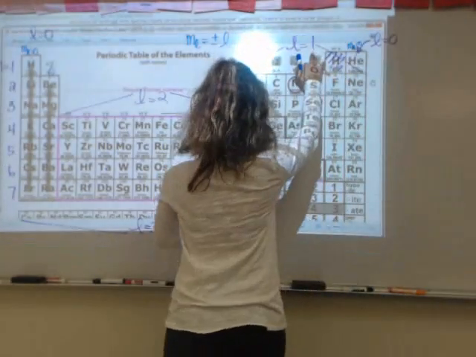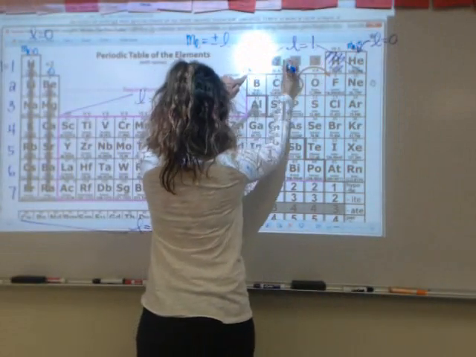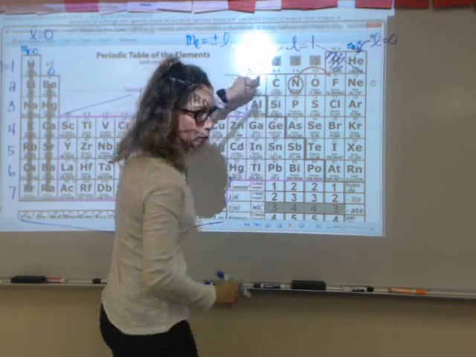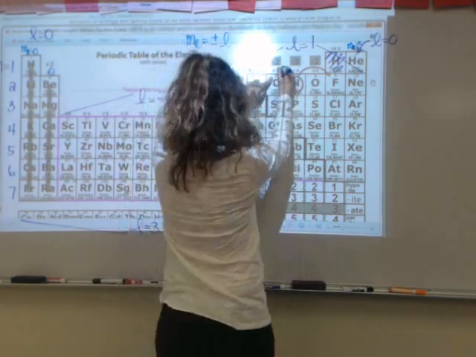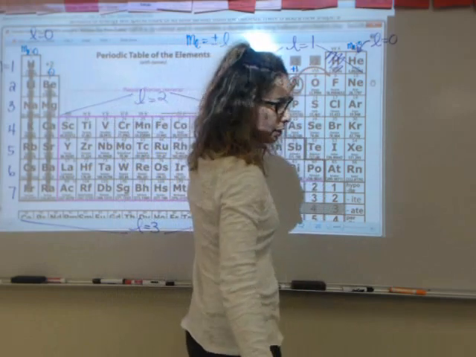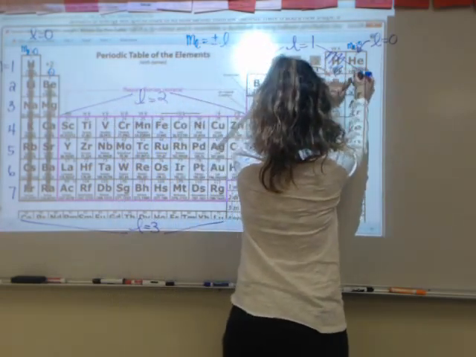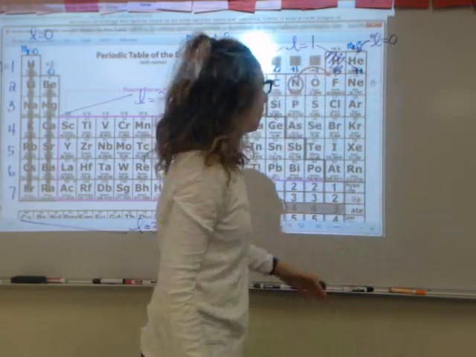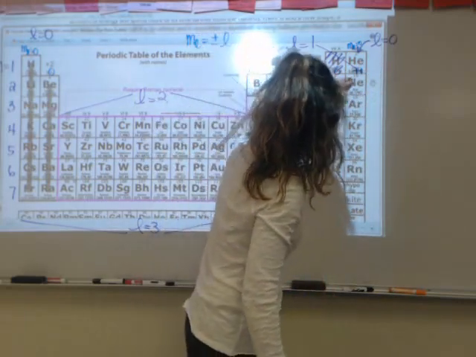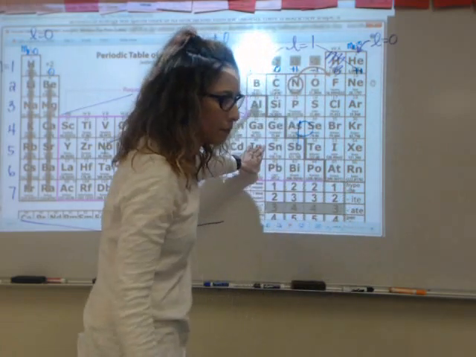If my l value is 1 here, my m sub l value is plus or minus 1. I start with negative always. Then I go to 0. Then I cycle back up to plus 1. Then I go all the way back to negative 1, 0, plus 1. These are the possible m sub l values for the p's, okay?